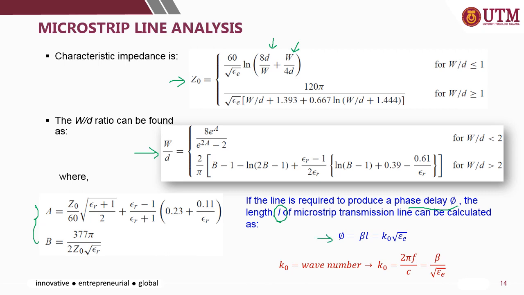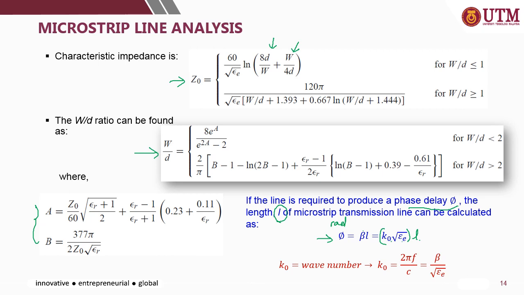The phi, in radian, is equal to beta L. So beta is the k naught, the wave number, multiplied by the square root of epsilon E, multiplied by L, the length of the structure.